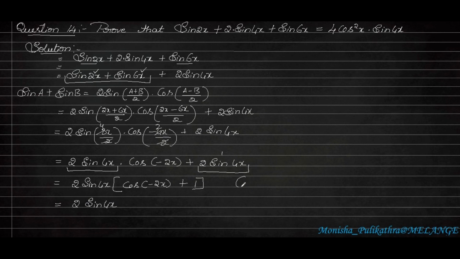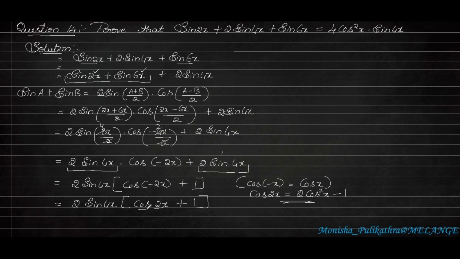We know that cos of minus x is equal to cos x itself, so cos of minus 2x will become cos 2x plus 1. Here one more formula we have to remember, the formula for cos 2x. Cos 2x is also equal to 2 cos square x minus 1. This is a trigonometric formula.